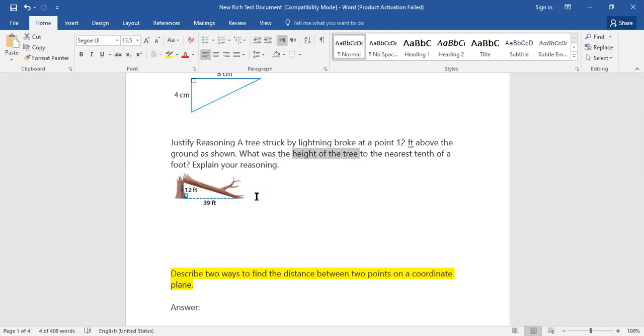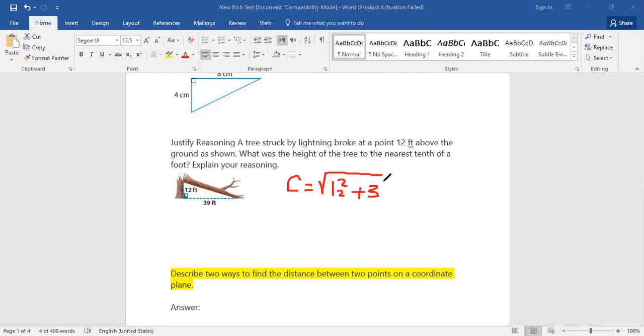So you can see that we have a right angle between the tree and the ground, right? Then we are going to calculate the hypotenuse. How will we calculate the hypotenuse? Normal method: z equals square root of 12 power 2 plus 39 power 2.